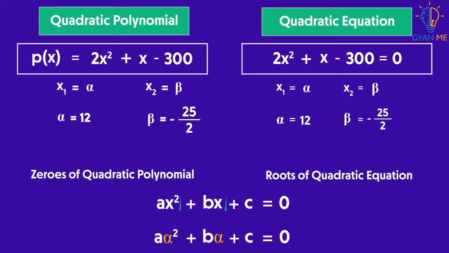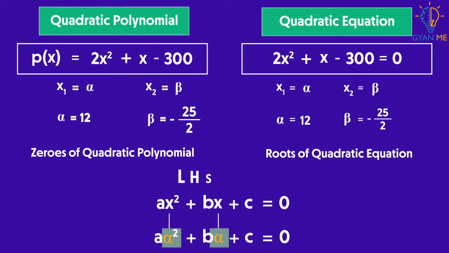We also say that x, that is the value of the variable, is equal to alpha, that is the root of the quadratic equation, only when alpha satisfies the quadratic equation. I mean, when I put the value of alpha in the equation on the left hand side, on solving it, I will get 0, which is equal to the right hand side.